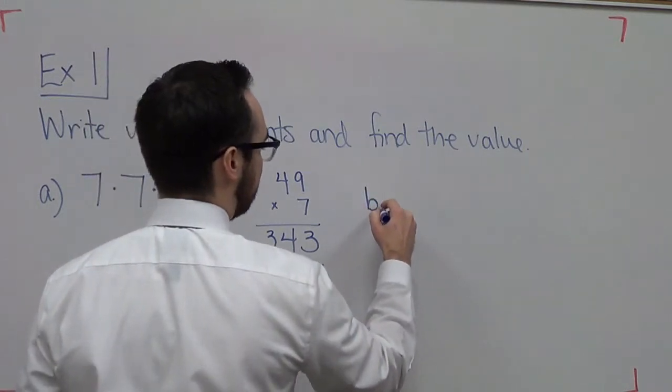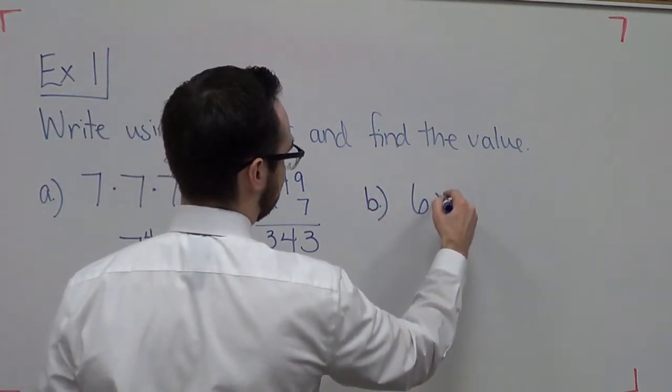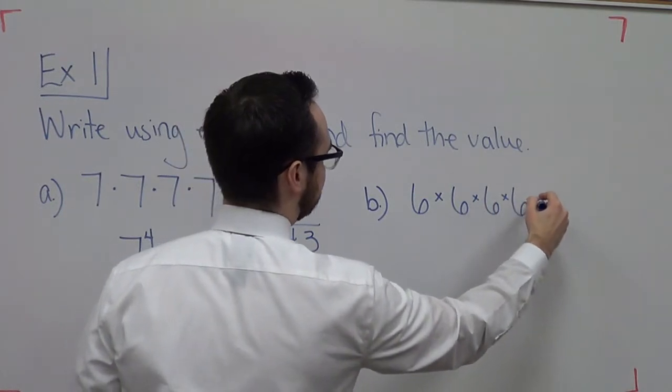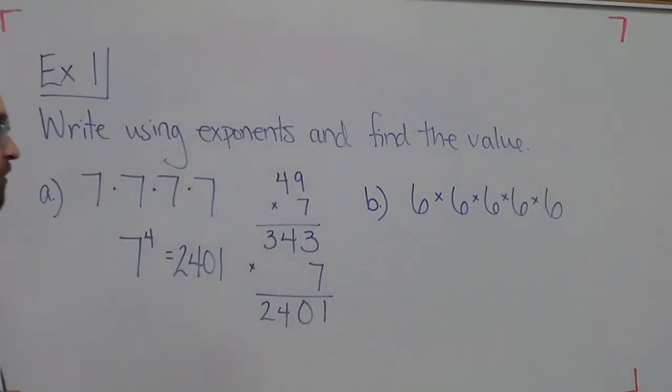So go ahead and do 6 times 6 times 6 times 6 times 6. Write that as exponents, and then find the value of it.